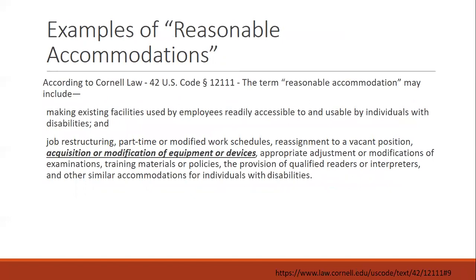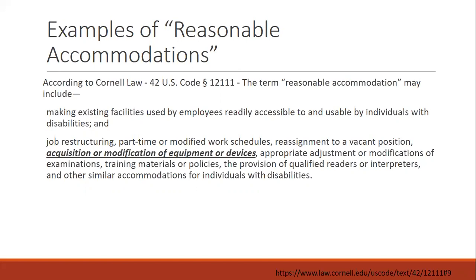A couple of examples that I found online on the Cornell Law website: it may include making existing facilities used by employees readily accessible to and usable by individuals with disabilities.